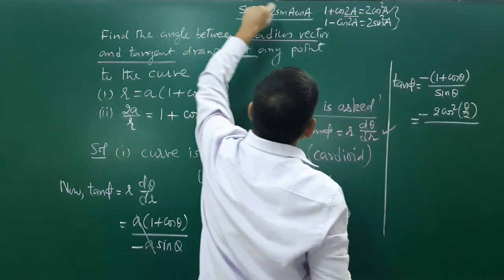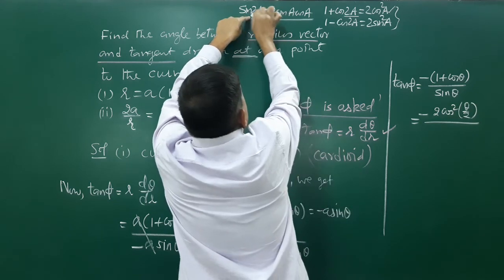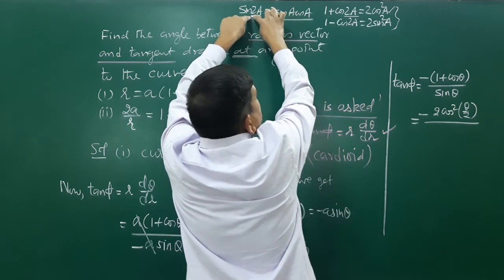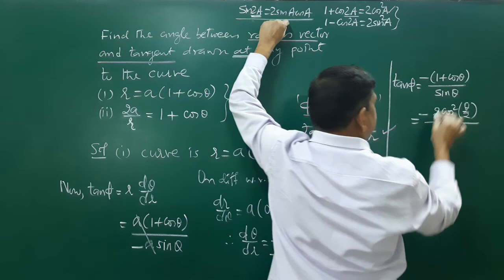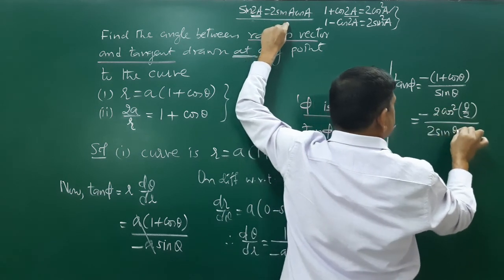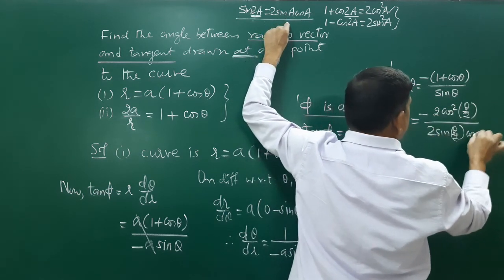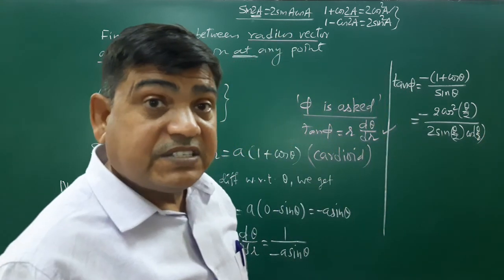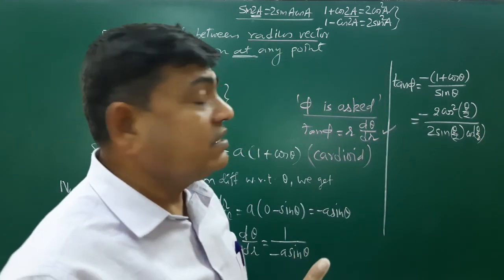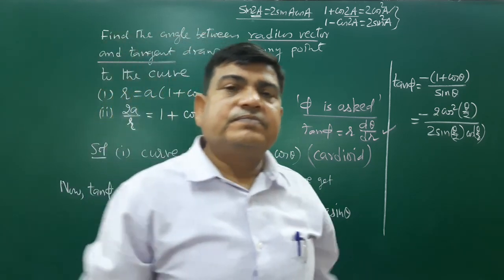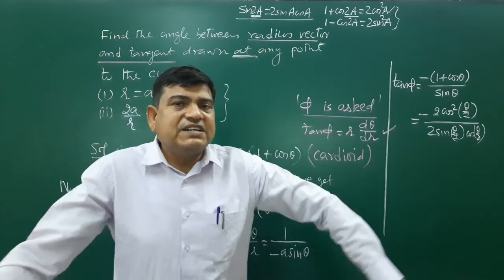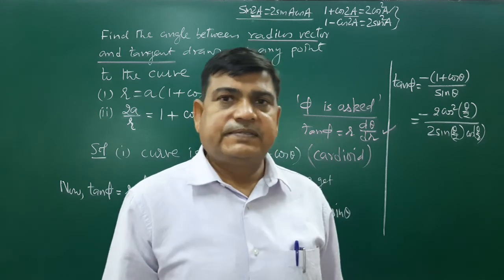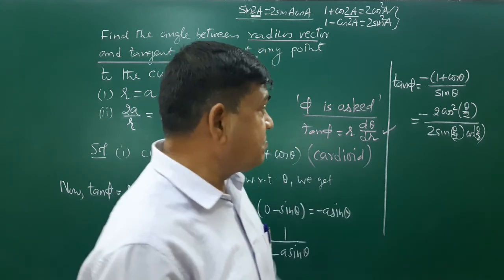In a similar way, sin 2a, this is 2a, it is converted into half, half of 2 is a, so here it is theta. So it is 2 sin theta by 2 cos theta by 2. You should know this much mathematics. This is the basics. If you don't know this, then you cannot do anything. So this is very important.